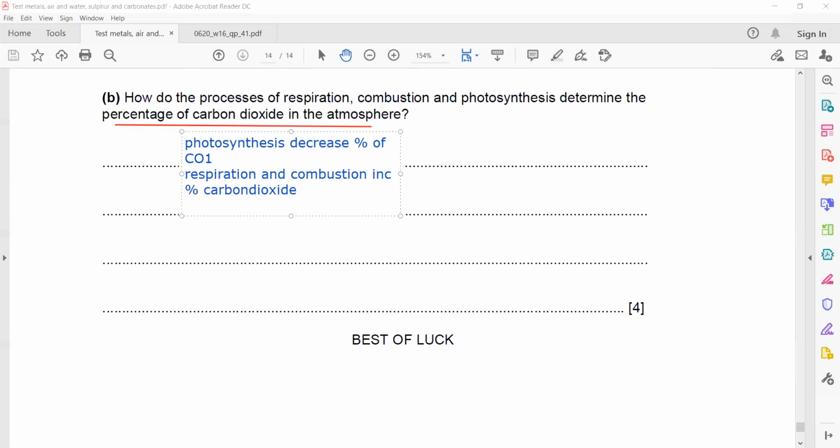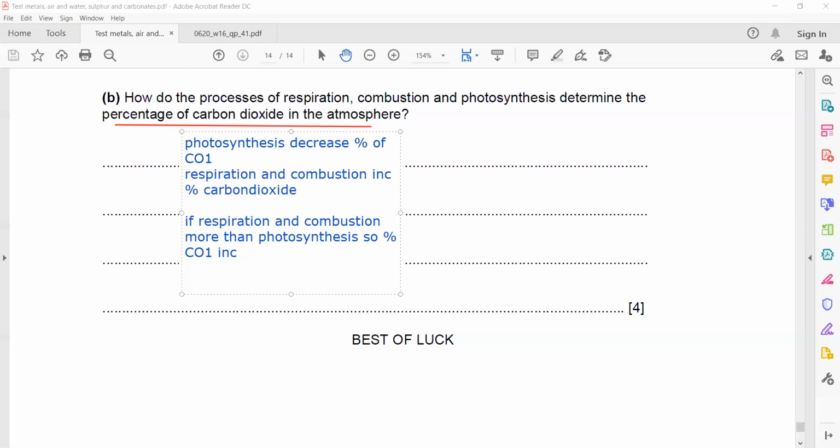Now, how can the percentage be determined for this? If the rate of respiration and combustion is more than photosynthesis, the percentage of carbon dioxide will increase.